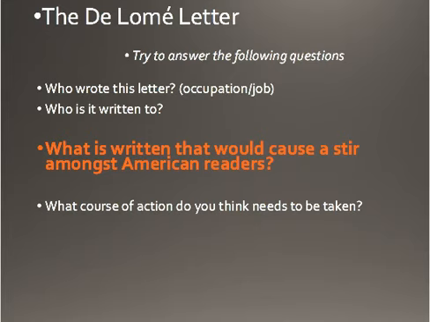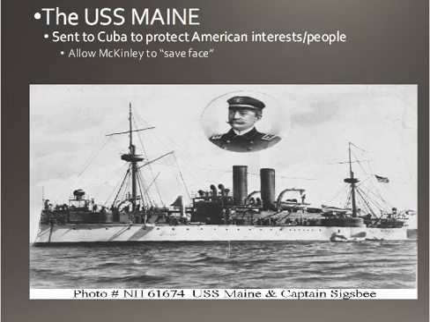And so what can McKinley do now that this foreign diplomat has called the leader of the American people a wuss? Well, McKinley is going to respond by sending the American ship, the USS Maine, down to the Havana harbor. This is our strongest, best, newest battleship that we've created. The sending of this ship is going to act as a warning to the Spanish.